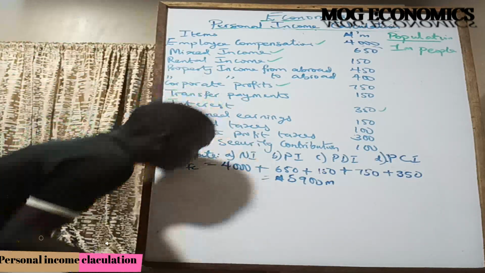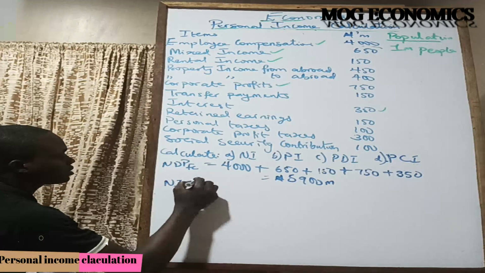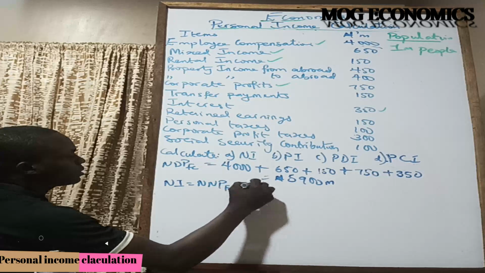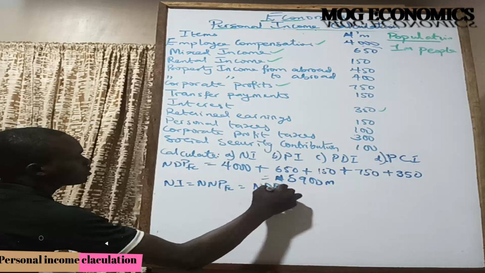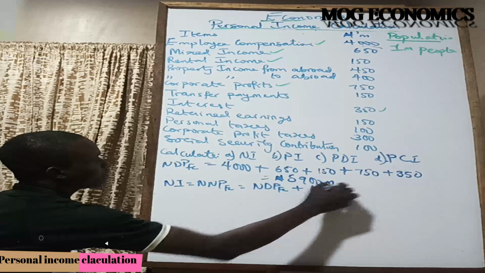For me to get my NNP at factor cost, which is the same as my NI, I just have to do my NDP at factor cost plus my net factor income from abroad, FIA.